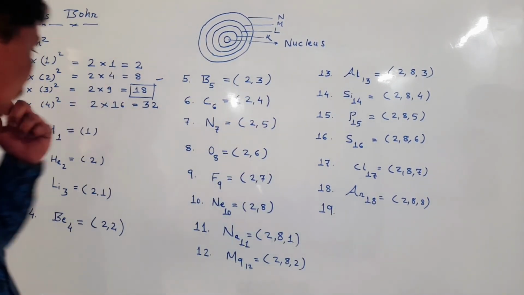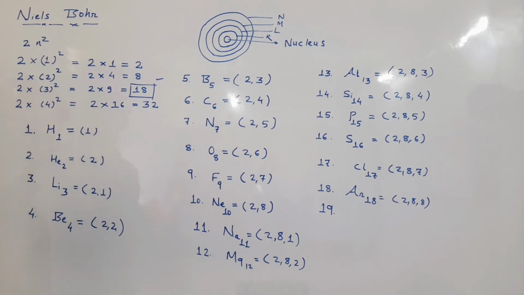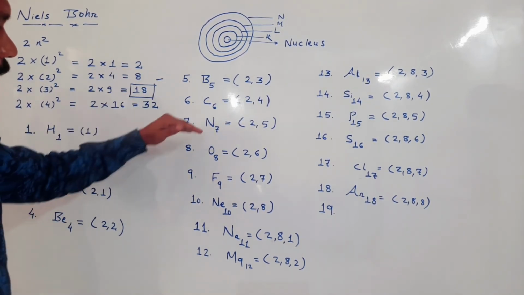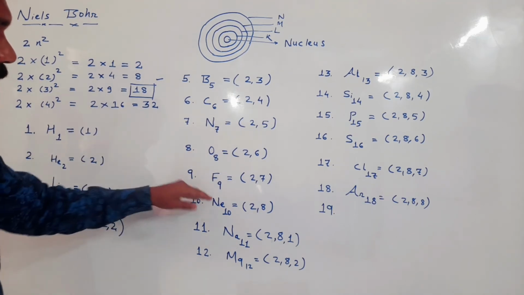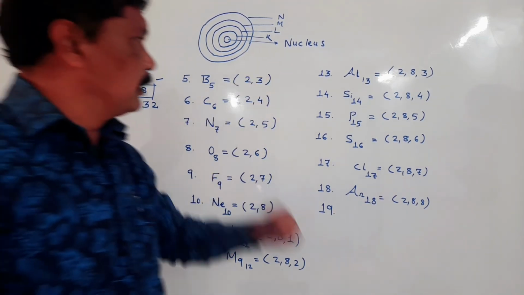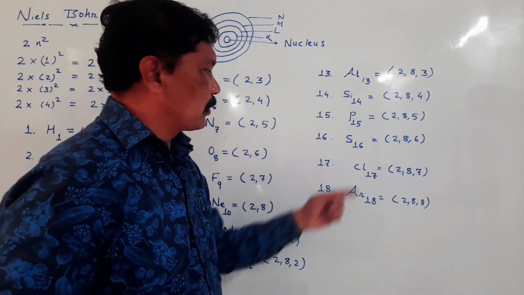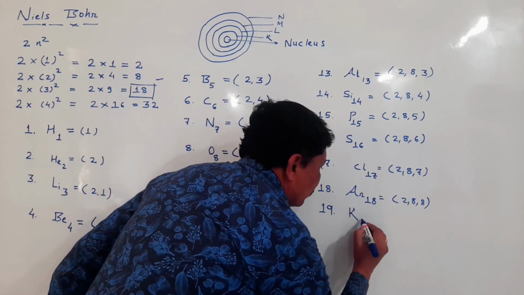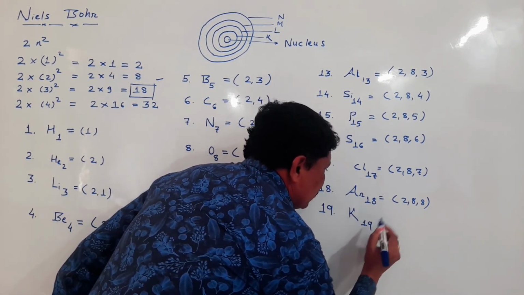Nineteenth: hydrogen, helium, lithium, beryllium, boron, carbon, nitrogen, oxygen, fluorine, neon, sodium, magnesium, aluminium, silicon, phosphorus, sulfur, chlorine, argon, and then comes potassium, and its atomic number is 19.